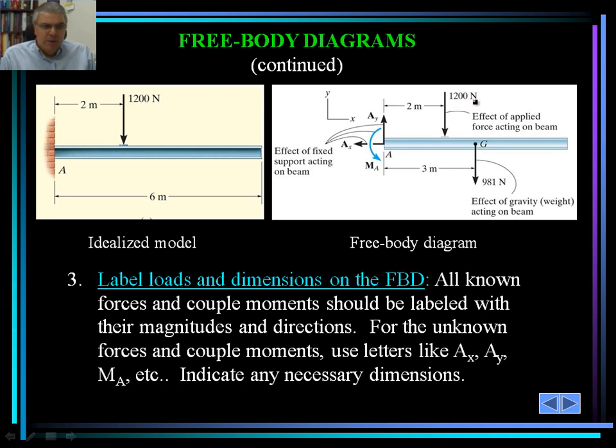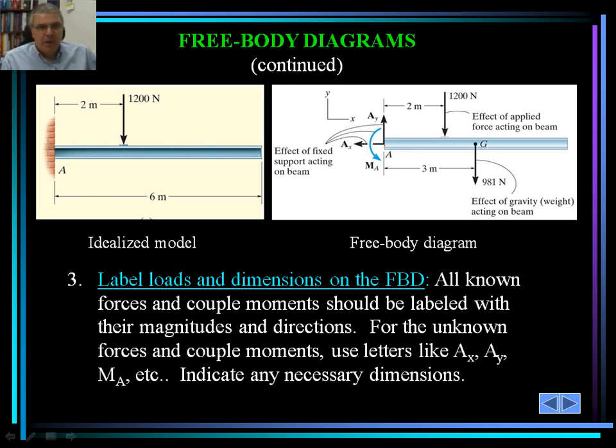Then we would label them. As you can see, A sub x, A sub y, and M sub A. In this case, we call it M sub A because that's the moment at A. The labeling also plays an important role here.